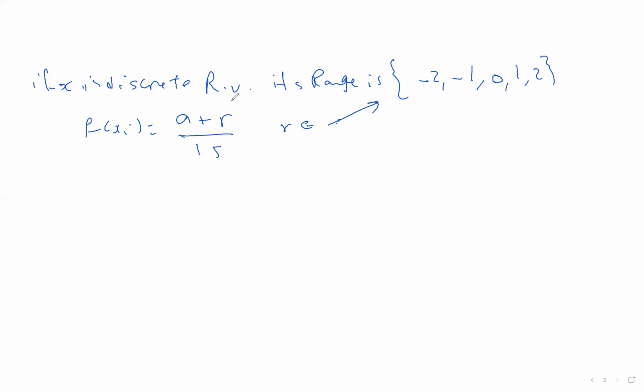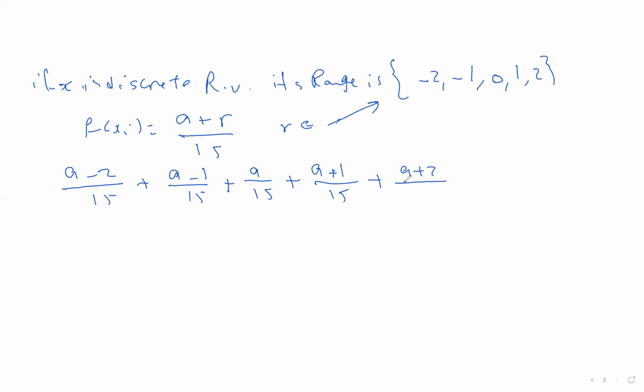To find a, you have to substitute, and you have to know that the sum of all the probabilities will be 1. So a plus r, and r is -2, it will be a minus 2 divided by 15, plus a minus 1 divided by 15, plus a over 15, plus a plus 1 over 15, okay, plus a plus 2 over 15.